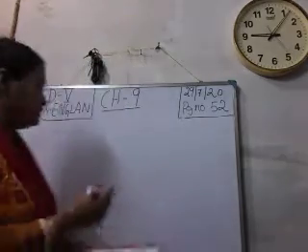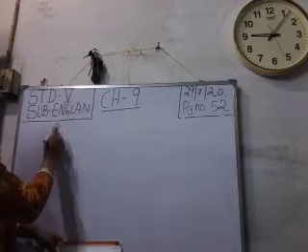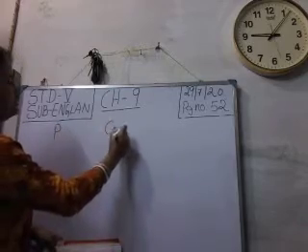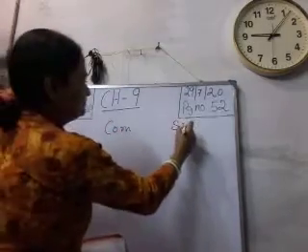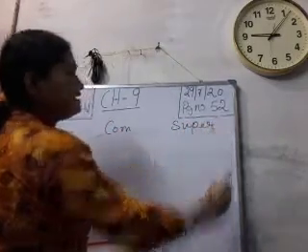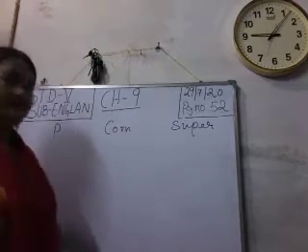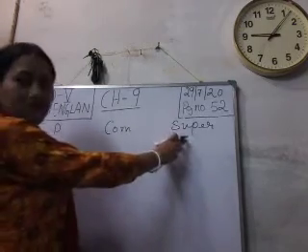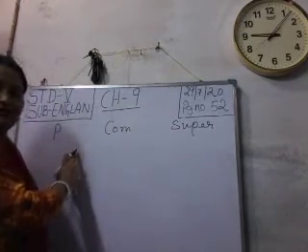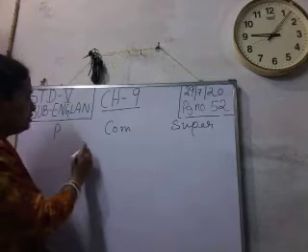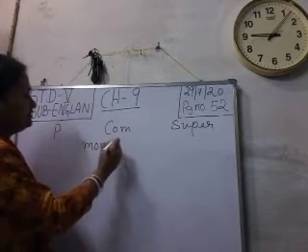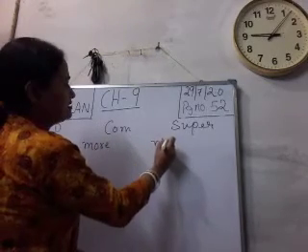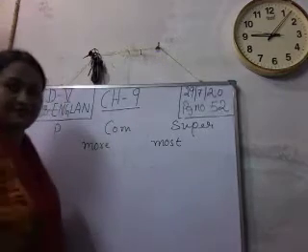Suppose positive, comparative, superlative. There are some adjectives, when we form their comparative and superlative, before the adjective we write more in comparative degree and most in superlative degree.